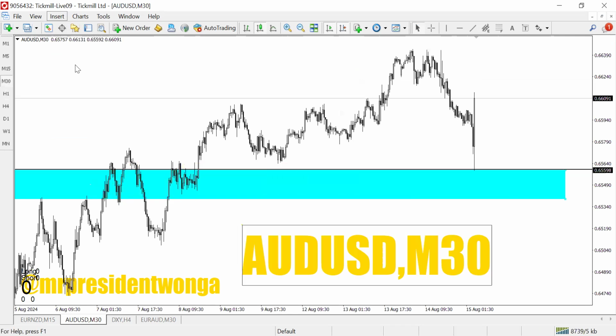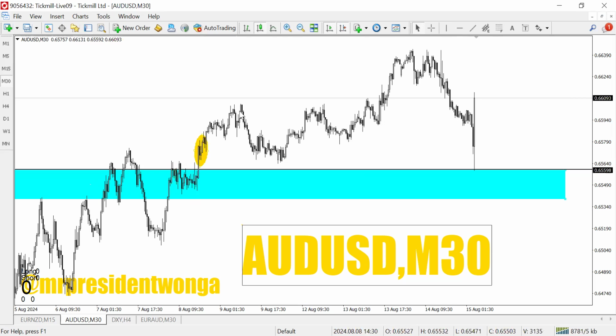I want you to check. The price was moving. Suddenly there was this big movement upwards. Before this bullish candle was formed, there was this base here.